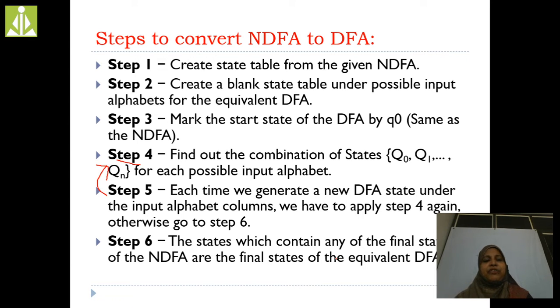Then we perform step 4 again while we generate new states, and if we do not get any new states, we stop the process. Then step 6 is to take the final states. The final states present in NDFA, we mark the same states in DFA as the final states.